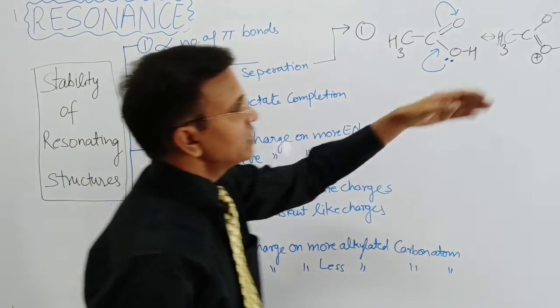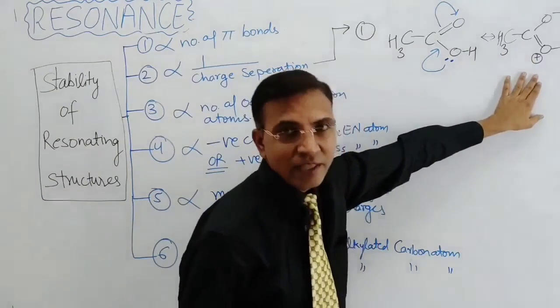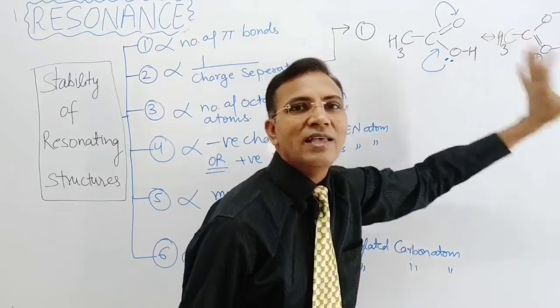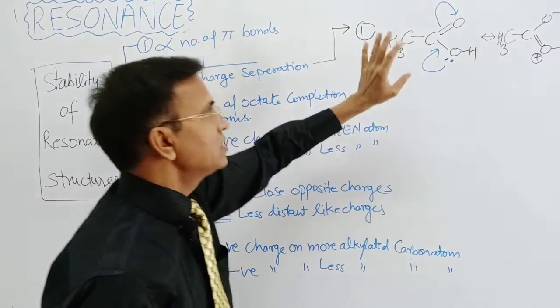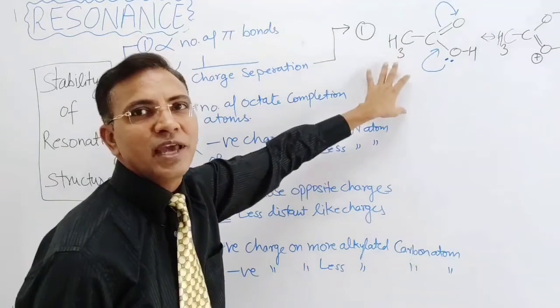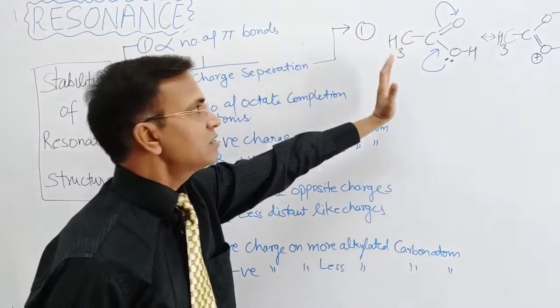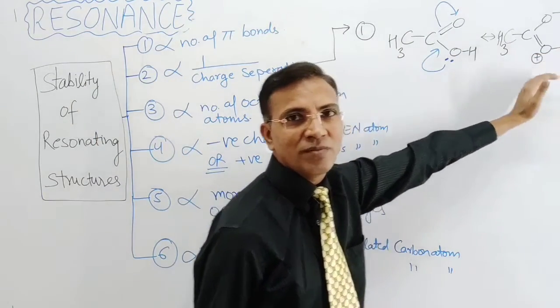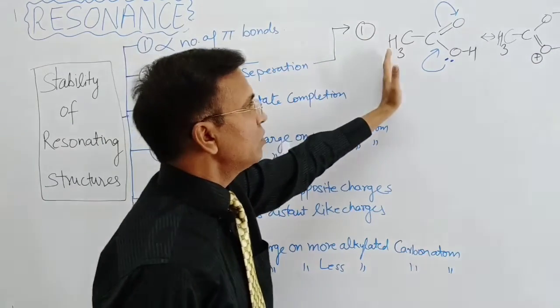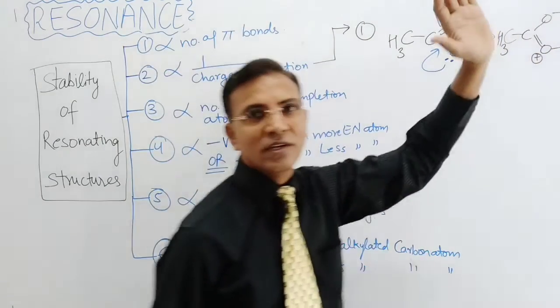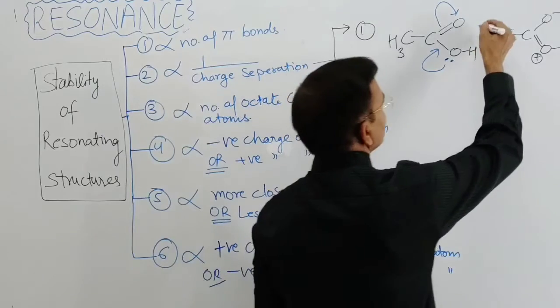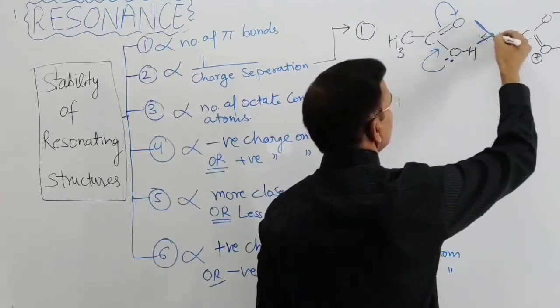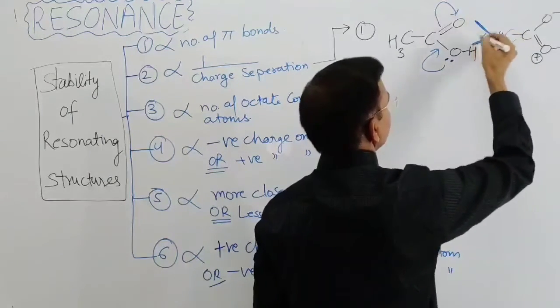If charge separation is there, then that will be less stable in comparison to the molecule which doesn't have charge separation. So this will be the more stable species in comparison to this.